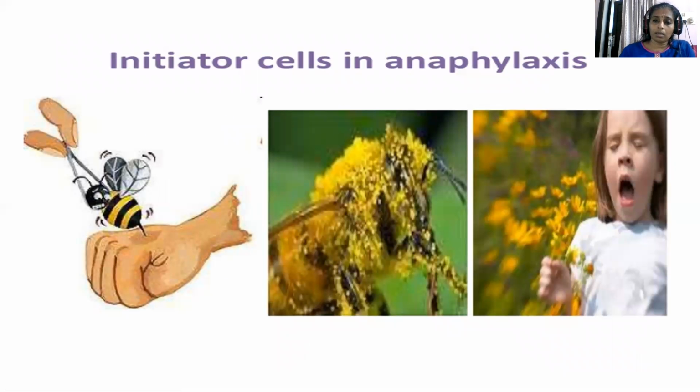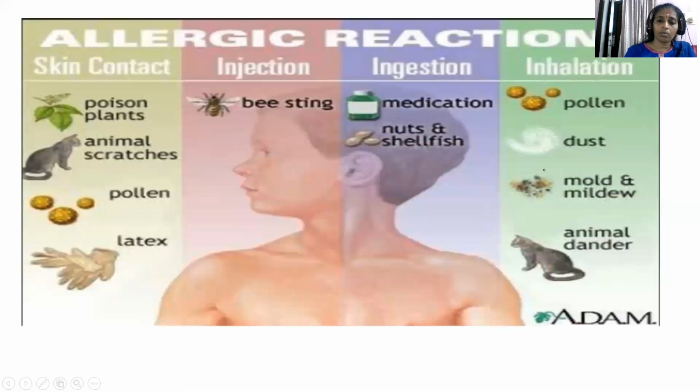So these initiators, we call them allergens in the case of the anaphylaxis reaction. This is just a sting, that is the toxin which is stinging into our body. This is the pollens or some other allergens. These are the initiators of anaphylaxis reactions.